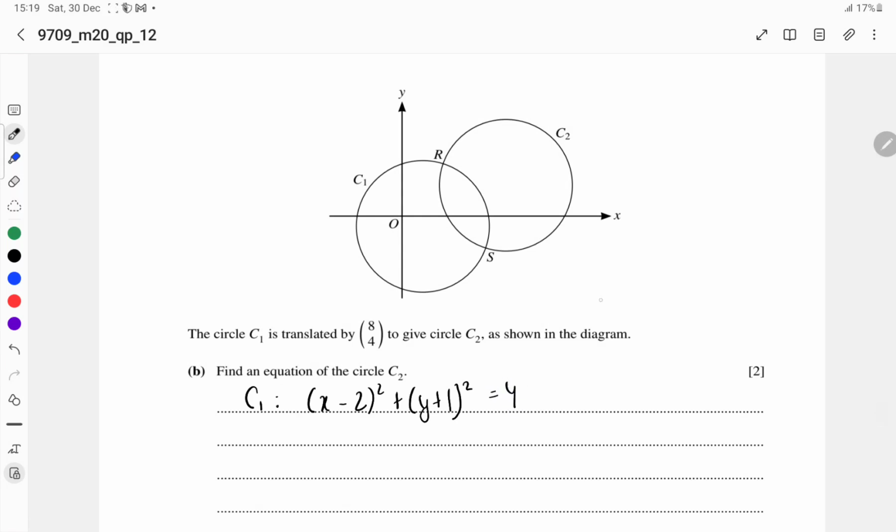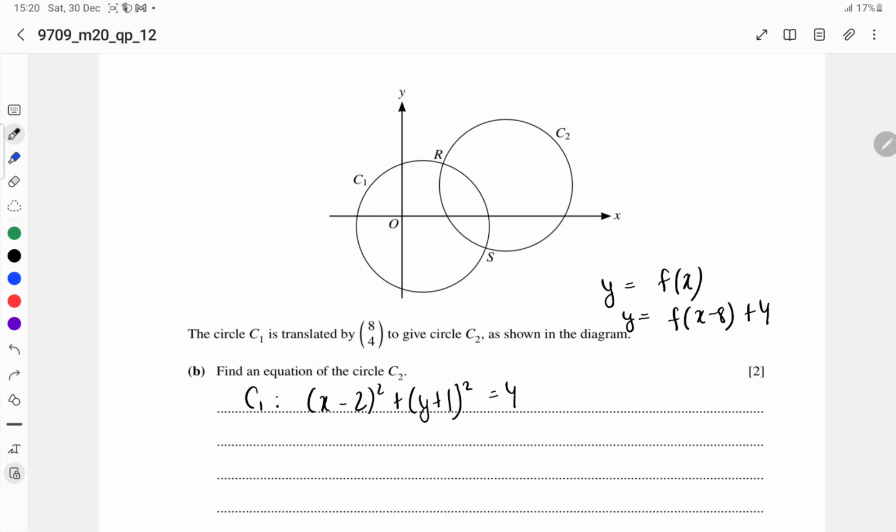What we used to do is when y equals f(x) is translated by (8, 4), we used to do y equals f(x − 8) + 4, right? So we need to apply the same logic over here.